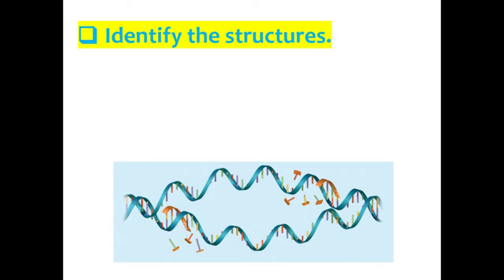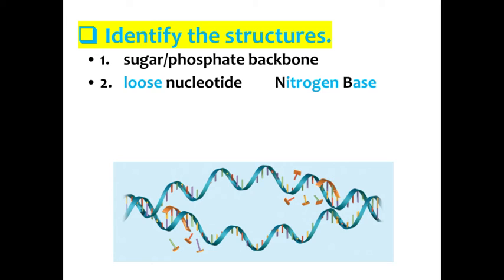Okay, so on your diagram portion, you got the replication diagram right in the middle. Then you've got the identify the structures on the right side of it and the process on the left side. So let's start with the right side numbers, and we're going to identify the things that those numbers are pointing to. So 1 is pointing to the sugar phosphate backbone of DNA. 2 is pointing to actually two things. One of those is a loose nucleotide.